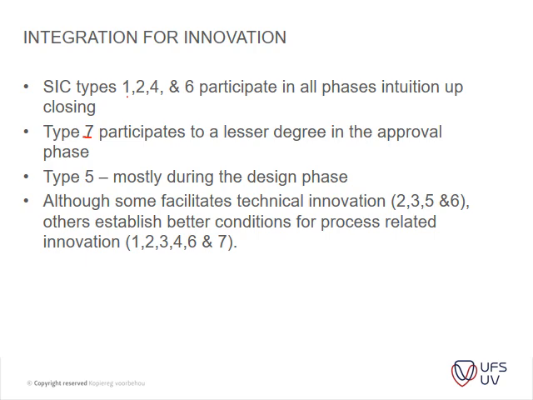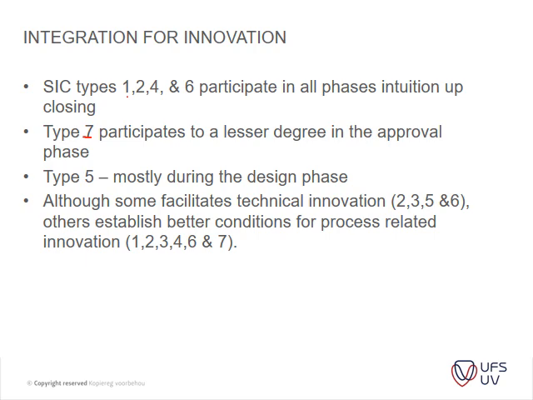Okay, and then type 7, participation of the organizer, they're usually just involved to a lesser degree in the approval phase. And then you've got type 5, which is your design integration team, mostly during the design phase of your project. Then the chapter closes off, although some facilitate technical innovation, which is types 2, 3, 5, and 6.